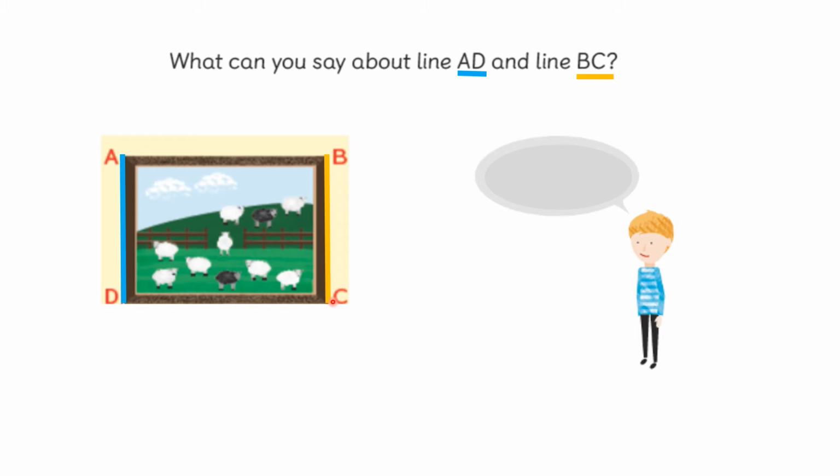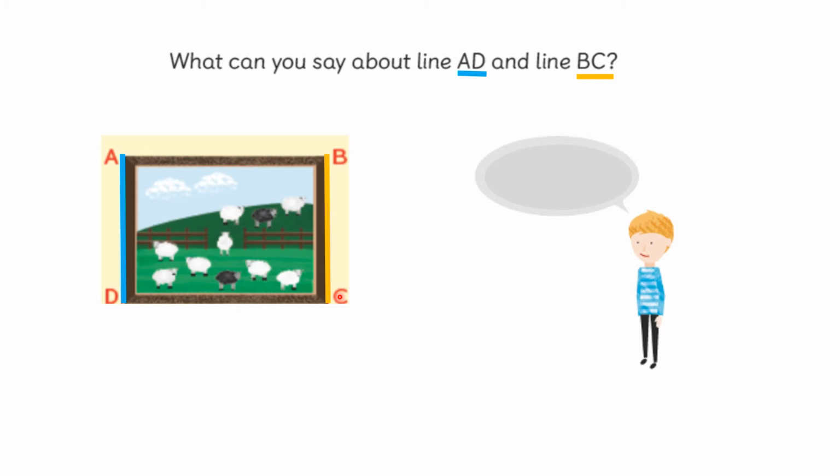Pause the video and have a think about what my friend might be saying to describe these 2 lines. Did you think my friend was saying that line AD and line BC are parallel?